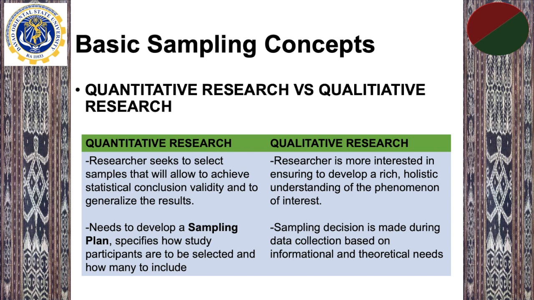Whereas in qualitative research, the researcher is more interested in developing a rich, holistic understanding of the phenomenon of interest. So in quantitative research, the health researcher needs to develop a sampling plan that specifies how the study participants are to be selected and how many to be included. While in qualitative research, the sampling decision is made during data collection based on informational and theoretical needs.